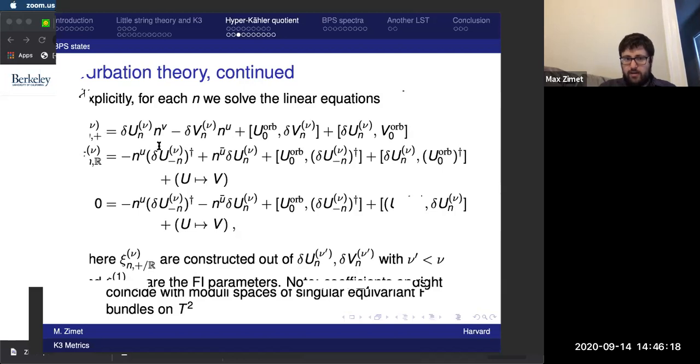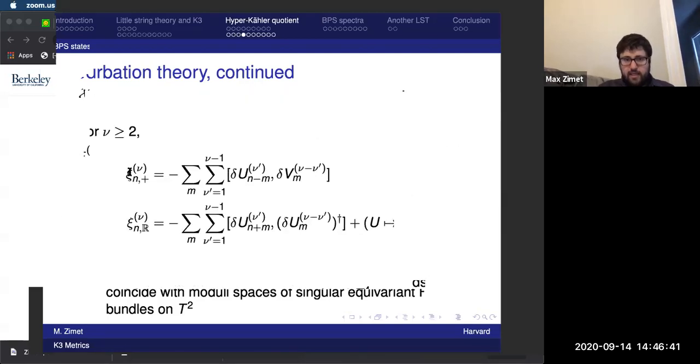And so, if you're going to solve these linear equations by inverting some matrix and then multiplying this vector of constants, then the matrix you're inverting is the exact same for every value of ν. The only place that it matters which ν you're at is the vector of constants over here.